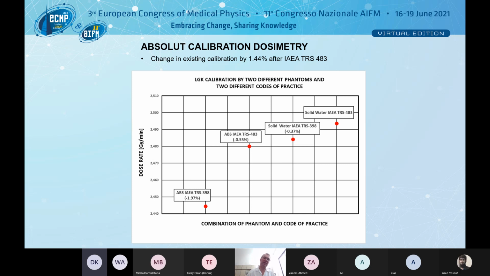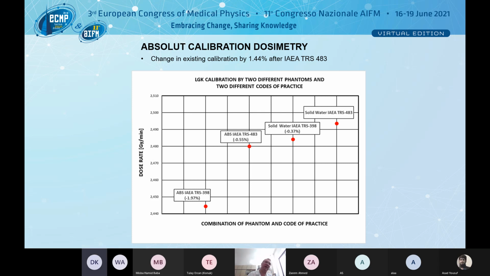You can see that for the absolute dose, it's not as big a disaster. I am using a correct chamber, PTW 31010, with the volume of 0.125 cubic centimeters. And the difference between those approaches is relatively small. So the change in our treatment planning system to our calibration was relatively small, by like 1.4%.